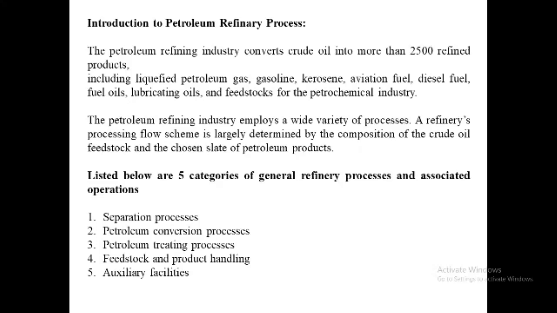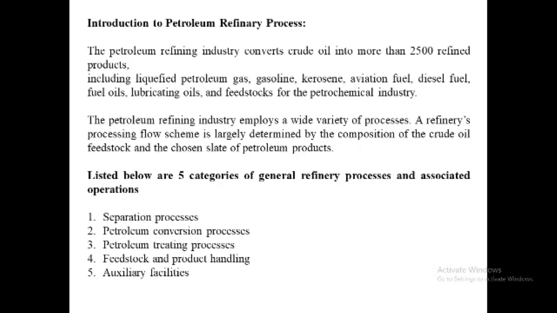Also, it includes the cooling tower, then blowdown system and compressor engines. These refinery processes are defined, and their emission characteristics and applicable emission control technology are discussed. So let us discuss one by one, that is, separation processes.